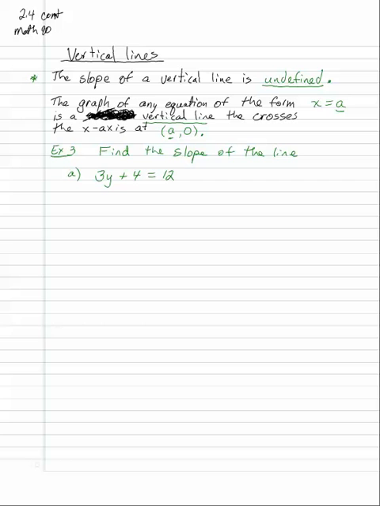So you got to get the y all by itself. So we get 3y equals 8. And then divide both sides by 3. So y equals 8/3. Now remember, it's y equals mx plus b. So the slope is equal to 0, and we know that this is going to be what kind of line? And hopefully you're saying horizontal line.